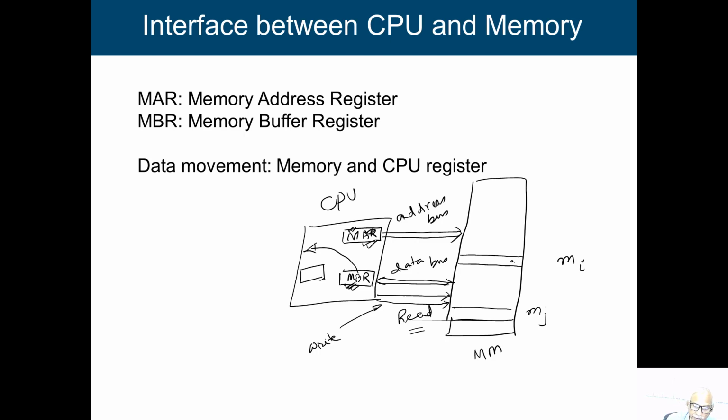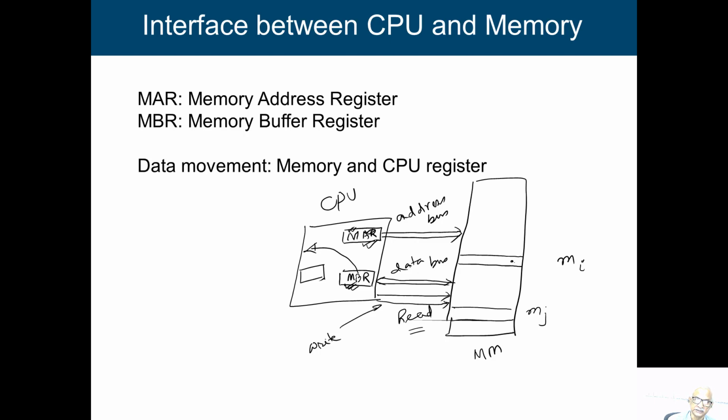Now, in that particular slide, when we showed some components inside the processor, we also see IR and PC. We have two registers, one is IR and one is PC. IR is the instruction register and PC is the program counter. So, MAR, MBR, PC and IR are four registers we generally have.